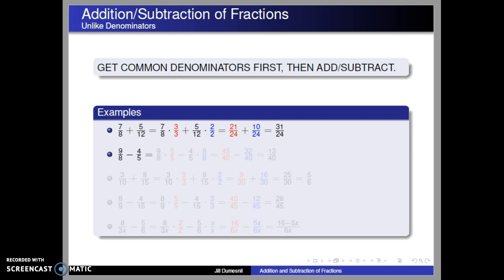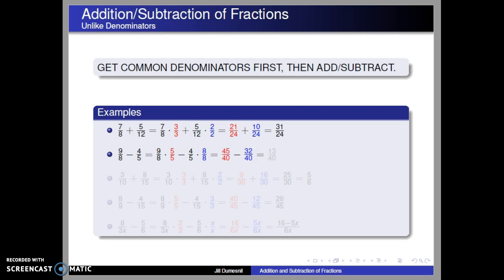Now let's consider 9 over 8 minus 4 over 5. The least common multiple of 8 and 5 is 40. So multiplying 9/8 by 5 over 5 and 4/5 by 8 over 8 maintains equality.